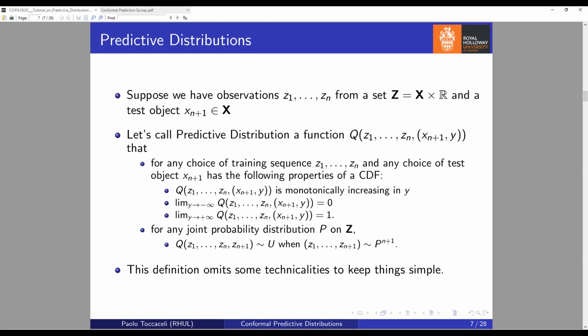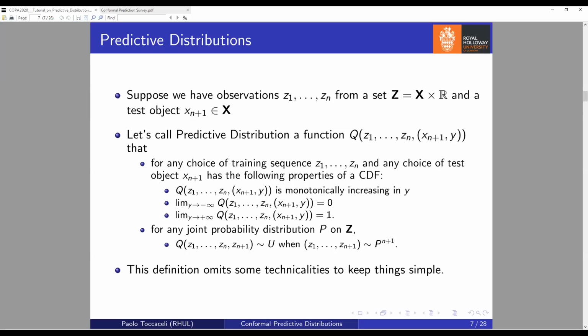So it's monotonically increasing in Y. Its limit for Y that goes to minus infinity is 0, and the limit for Y that tends to plus infinity is 1. And for any joint probability P on Z, the values of Q evaluated on Z1 to Zn+1 are uniformly distributed when I draw Z1 to Zn+1 IID from P. And I hope that you can now accept this last statement as something that gives the properties of a CDF based on what we just said.